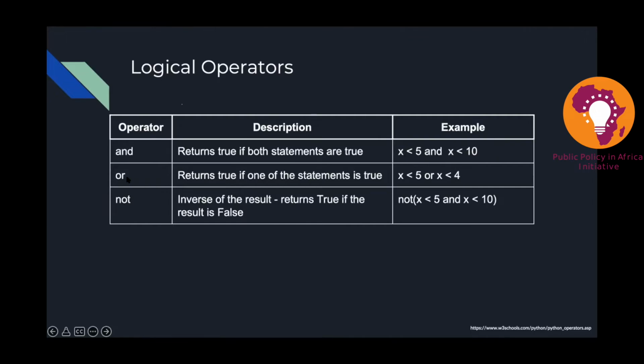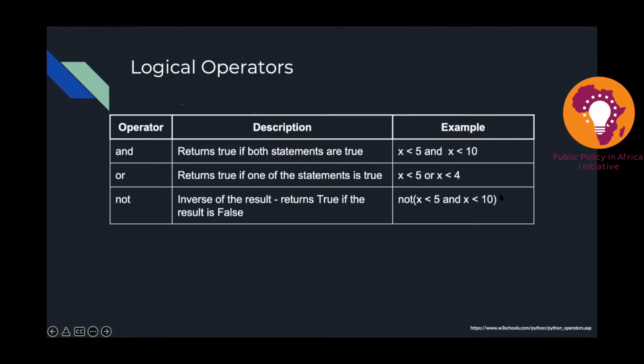Similarly, we have the OR operator. So, even if one of them is true, the entire thing becomes true. So, only one of them needs to be true. If both of them are false, only in that condition will this become false. And then we have the not operator, which basically negates whatever is inside the not function.